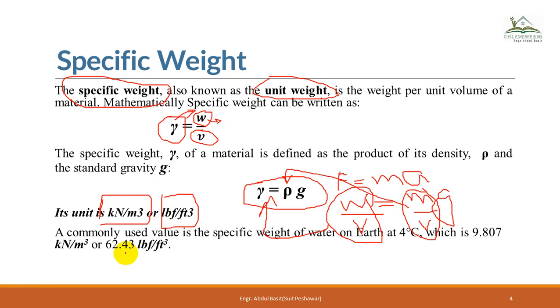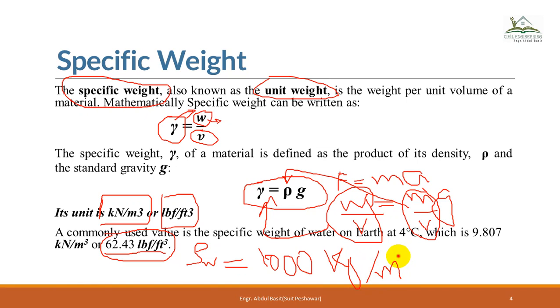And there is a huge difference. You can see that the unit weight of water is equal to 62.43 pounds per foot cube, and the density of water was equal to 1000 kg per meter cube, if you remember we discussed this in a previous slide. So this is the difference between the units and also the term.